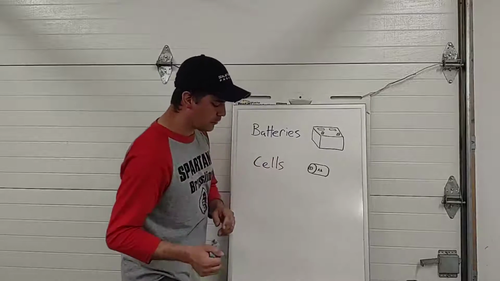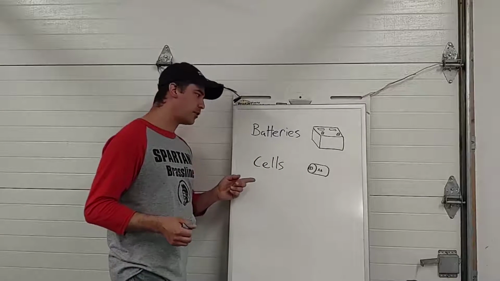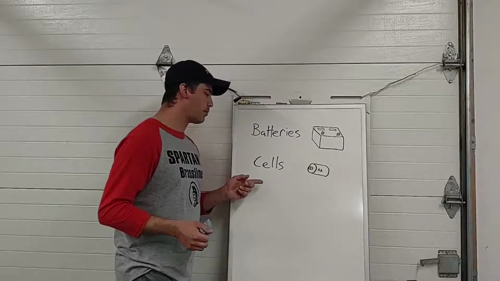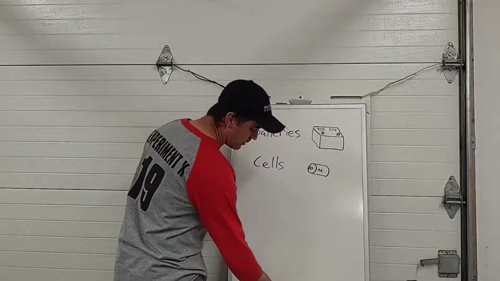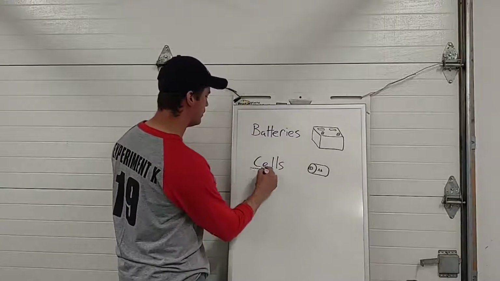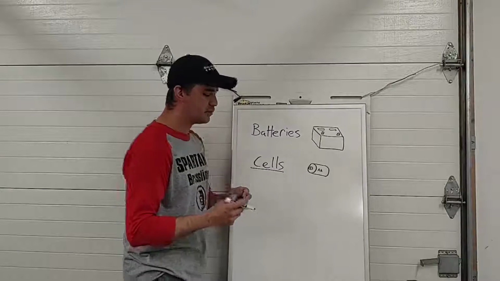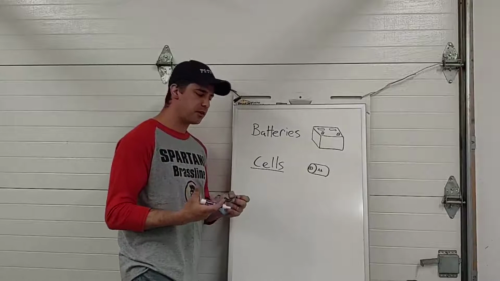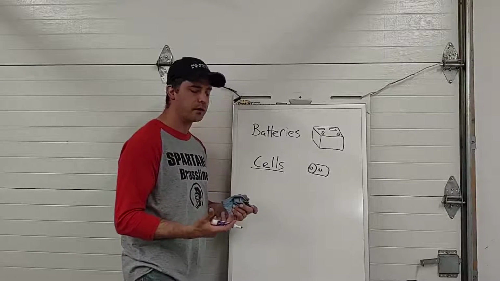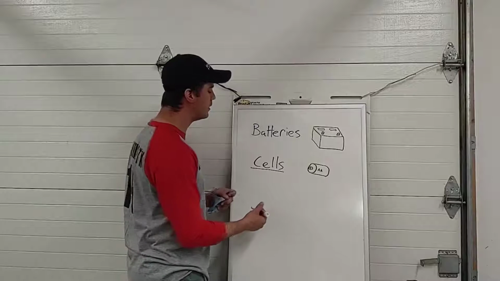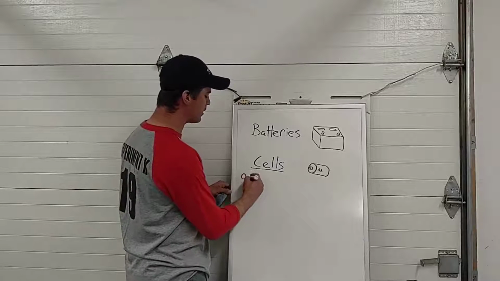These two terms sometimes get mixed up and used improperly, so I first want to dispel that. We're going to start with a cell. A cell is basically one little compartment with all the things that are necessary inside there to make electricity and store electricity as chemical energy.